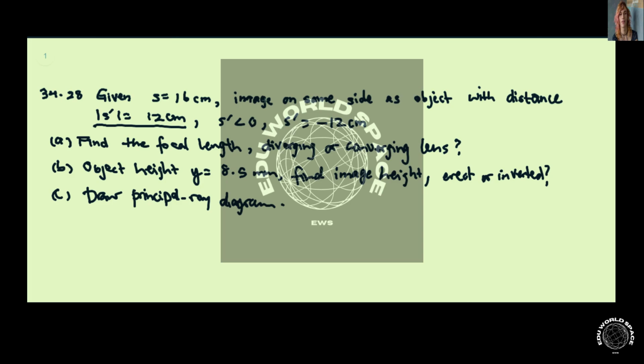Because S is on the side of the incoming light, the side of the lens from which the light is incoming. And if S prime is on the side of the incoming light, then it is negative. If it's on the side of the outgoing light, the side of the lens where you have the outgoing light, then it's positive. This was the sign convention that was set up earlier in the chapter. So let's move on to solve part A.